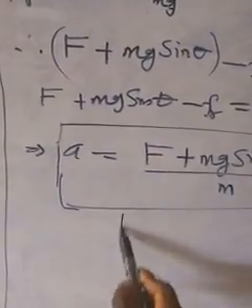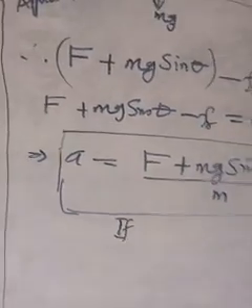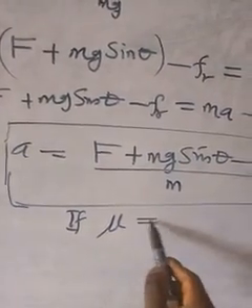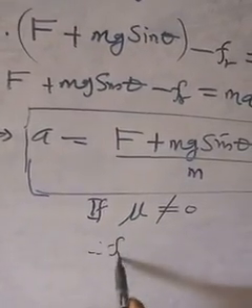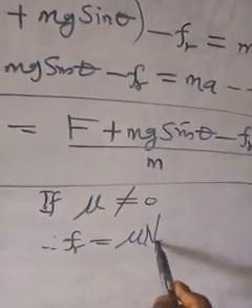Let's substitute the frictional force when the coefficient of static friction is not equal to 0. So we have frictional force equals coefficient of static friction multiplied by the normal reaction.